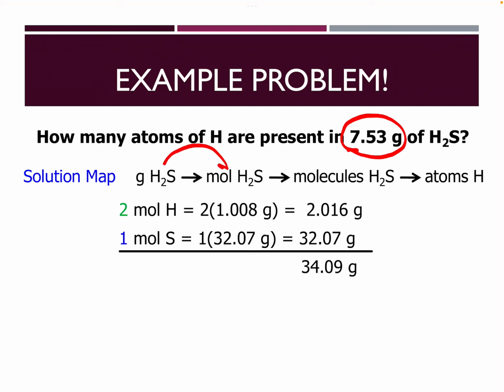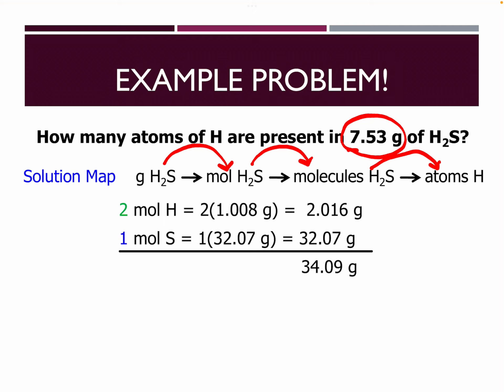Now we need to convert grams to moles, and then we can pick up kind of where we were last time. We can convert moles to molecules, and then molecules to atoms. So this is going to be 3 different conversions. The first thing we need to do, though, is to get from grams to moles. The only way we know how to convert from grams to moles is to use the molar mass.